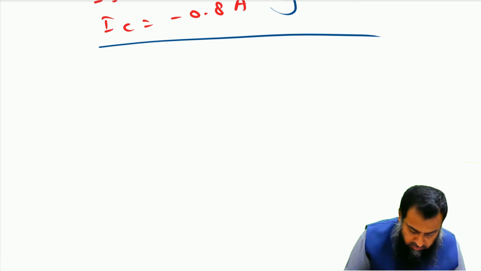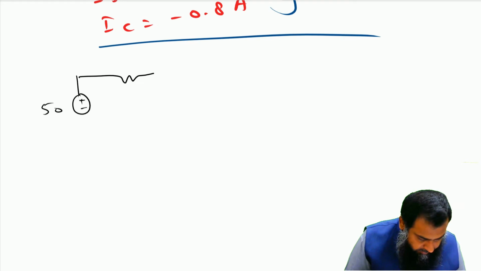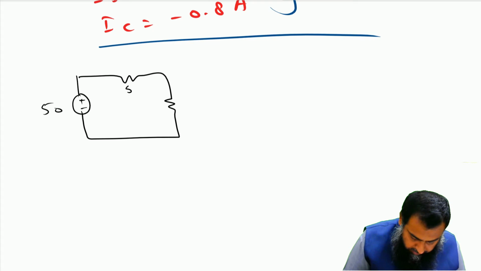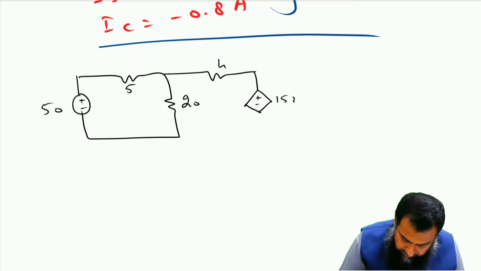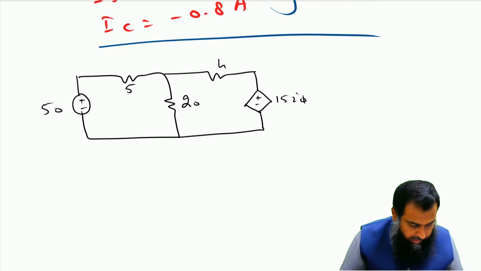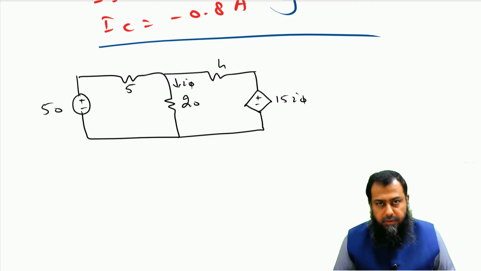So with this dependent source, let us say this is 50 volt, this is 5, this is 20, and we say this is I5.